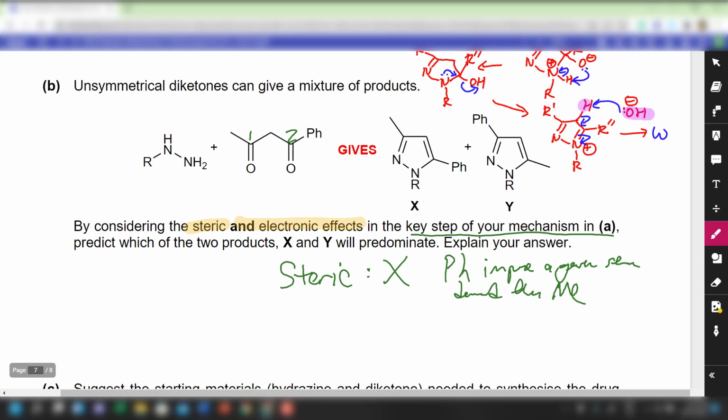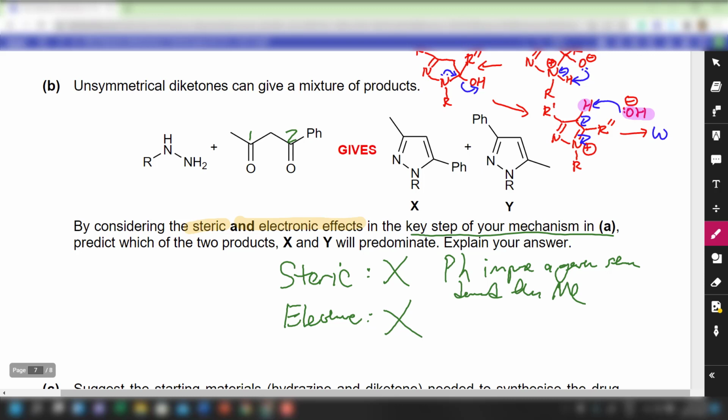If we look at electronic effects alone, I would expect X to be the dominant product as well. So you'll be wondering why. First of all, we need to ask ourselves, why does a nucleophile attack the carbonyl carbon? The reason is the carbonyl carbon is electron deficient. Am I right to say that?